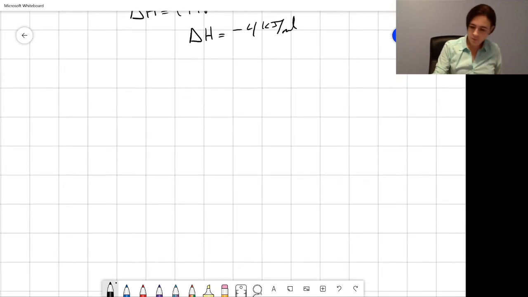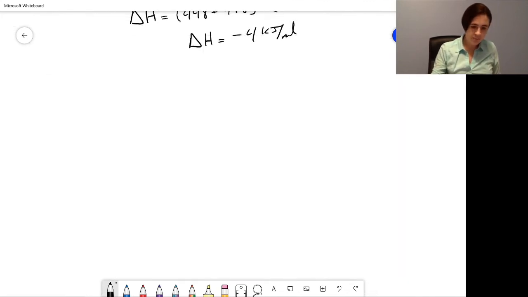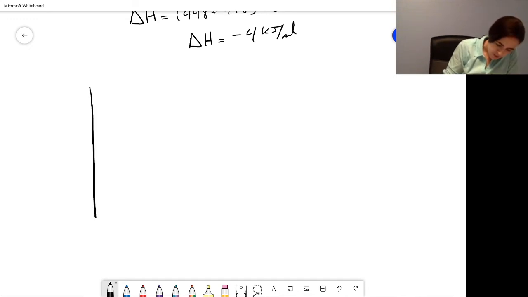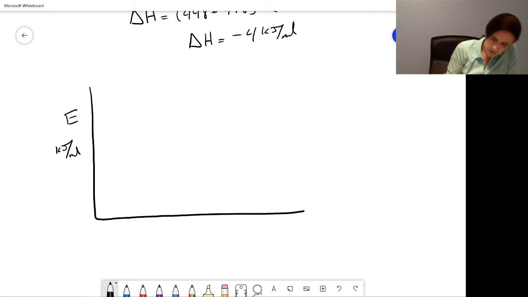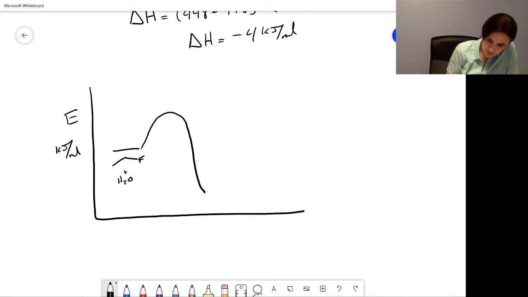Using the same reaction, we can take this and draw it on a potential energy surface. So here we have our reactants, some barrier, and our products.